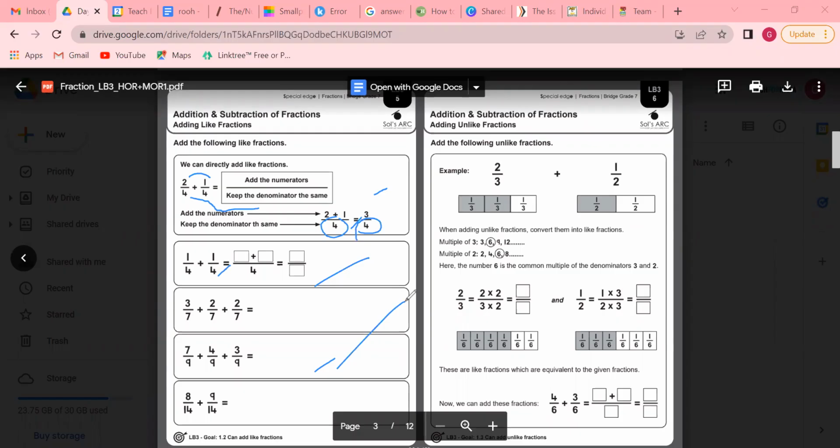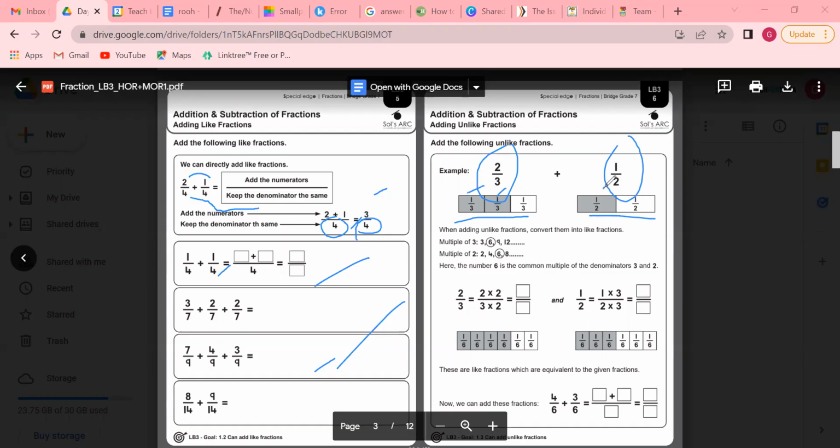Okay, now this was about like fractions, when the denominator is the same, right? What about unlike fractions, when the denominator is not the same? What do we do when such is the case? If there are two fractions, 2 by 3 and 1 by 2, they have drawn the image also, so they have made 3 parts of which 2 parts are shaded, and they have made 2 parts of which 1 part is shaded, right?